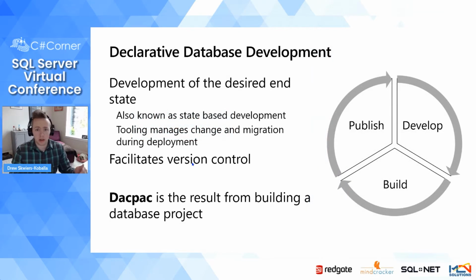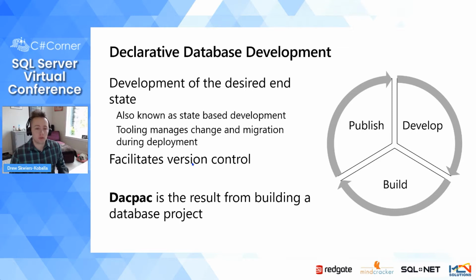Declarative database development takes those data tier application artifacts and integrates them by having us develop for databases by focusing on what we want the database to look like. What's that end state? So you've already created a table.